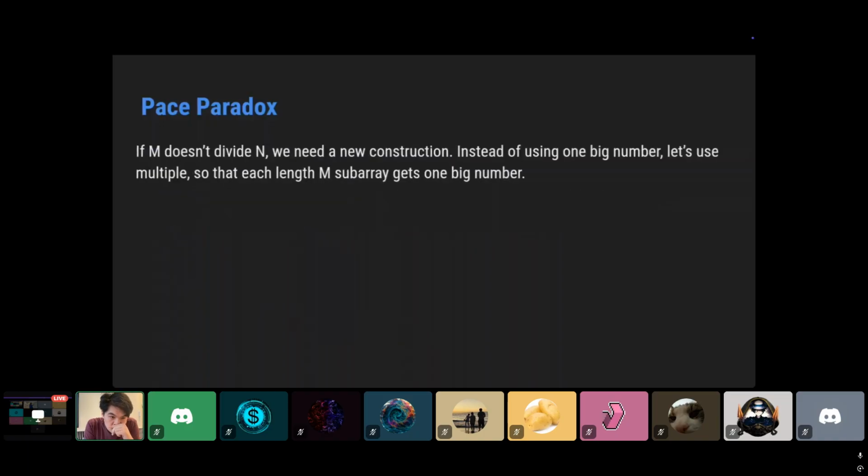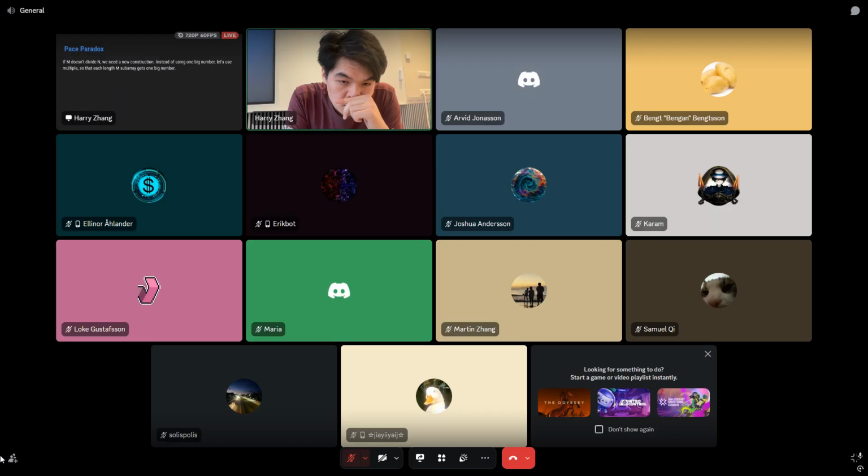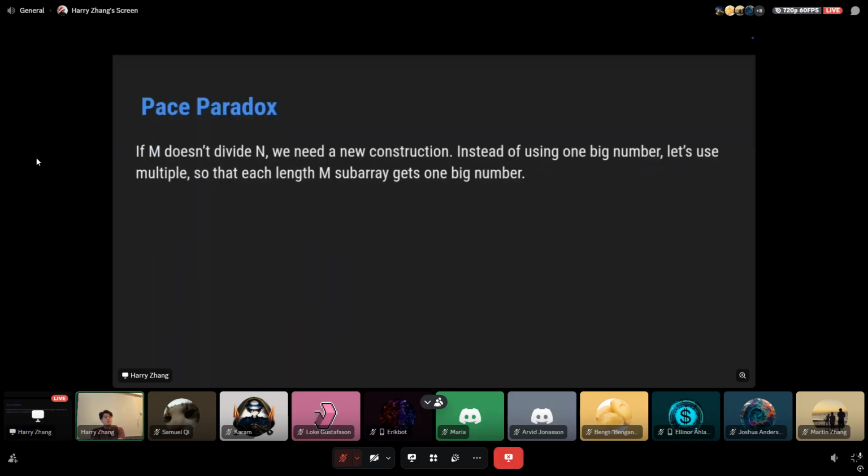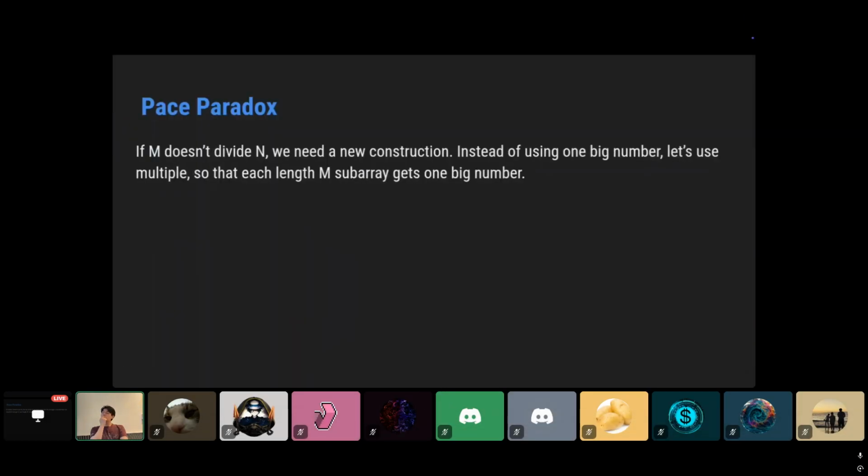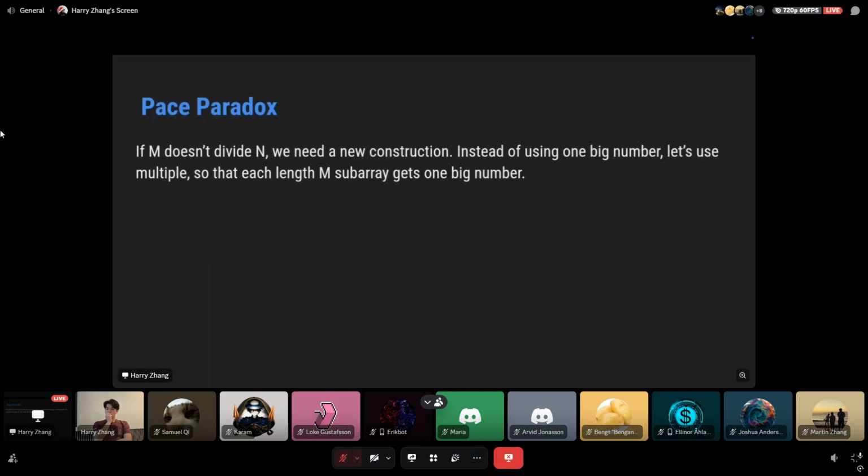But if m doesn't divide n, but is smaller than n over 2, then we haven't solved the problem yet. So maybe it is possible. Let's try and find a construction. So instead of using one big number, let's put multiple big numbers in. And our goal is to try and make it so that each subarray of length m gets one of those big numbers.